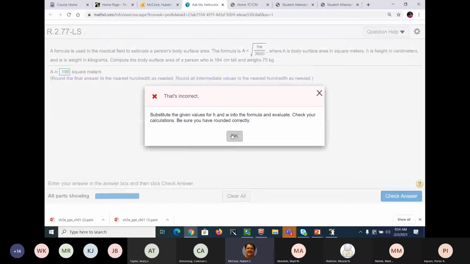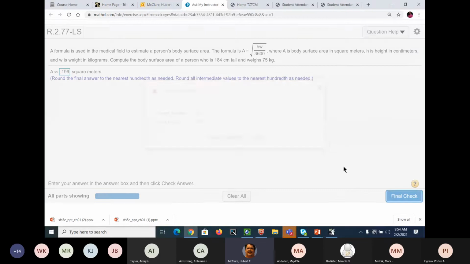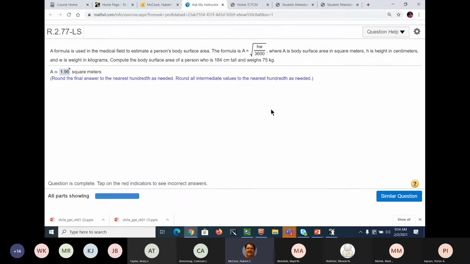Okay, so I don't know if we needed to change that or not. So I'm going to check and see. 1.96. So they didn't change it. Okay, you just plug and chug. So I'm sorry I led you the wrong way. I just thought it might be better to change it into meters. So they don't want it.